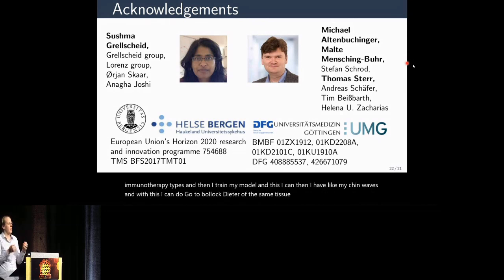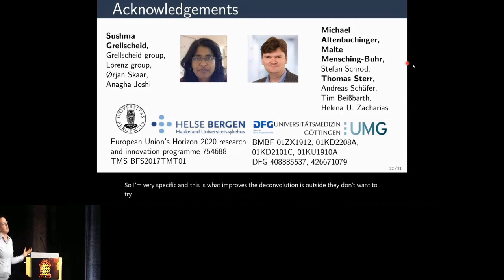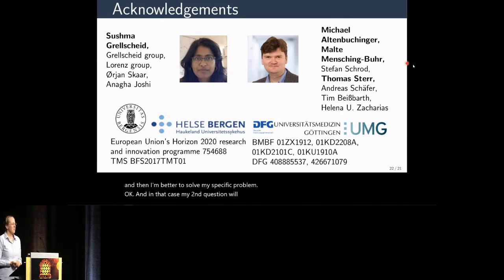So I'm very specific, and this is what improves the deconvolution results. I don't try to have an overall model for everything; I can easily train specific models and be better at solving my specific problem.